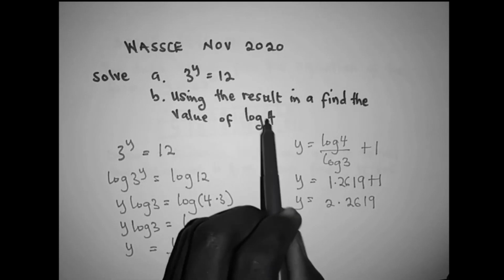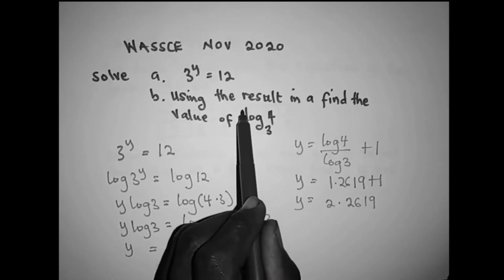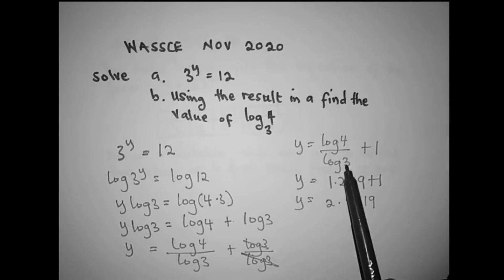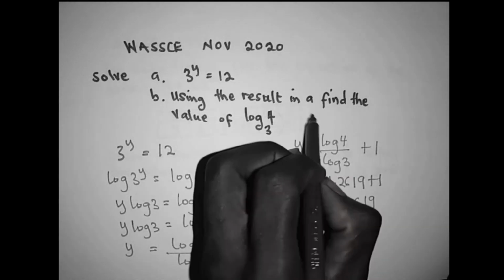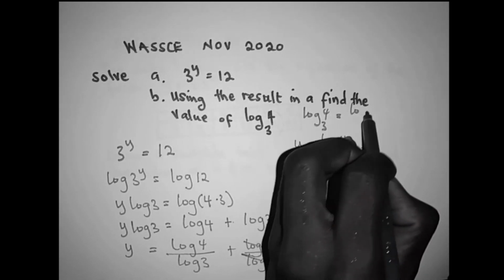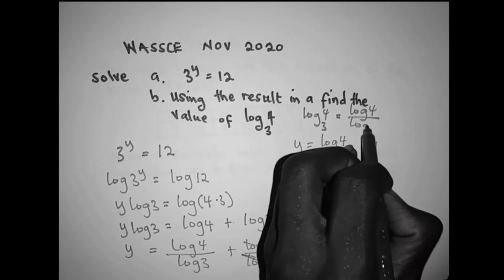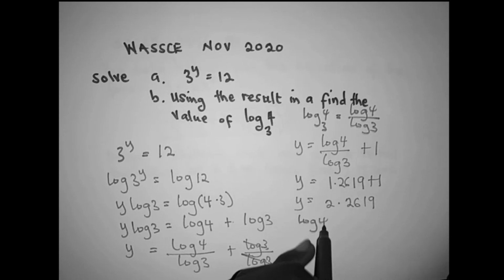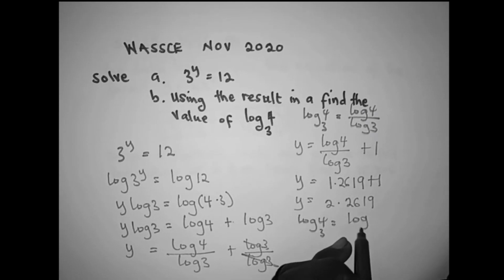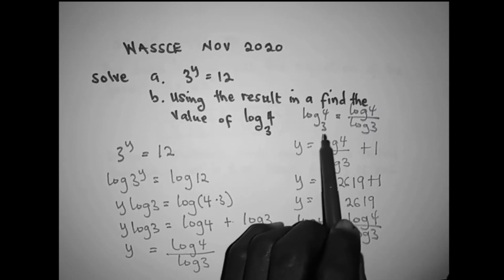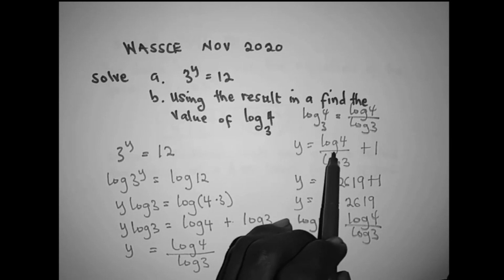Then the question is saying that we should use the result in A to find log 4 base 3. But you see that y is equal to log 4 over log 3 plus 1. Remember what we said: log 4 base 3 is the same as log 4 divided by log 3. So let's make log 4 divided by log 3 the subject here.